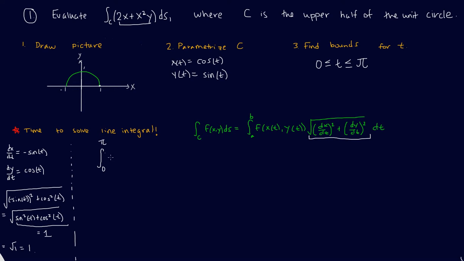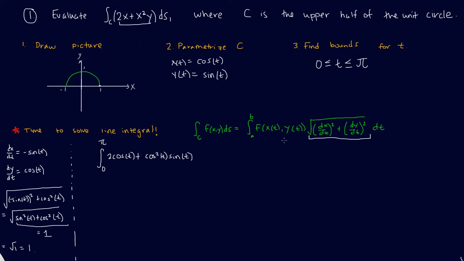So instead of 2x, I now have 2 cosine of t. And x squared becomes cosine squared t. And then that y is just sine of t. So this is nice because now I have f in terms of one variable, not two. So I'll be able to solve this single variable integral.